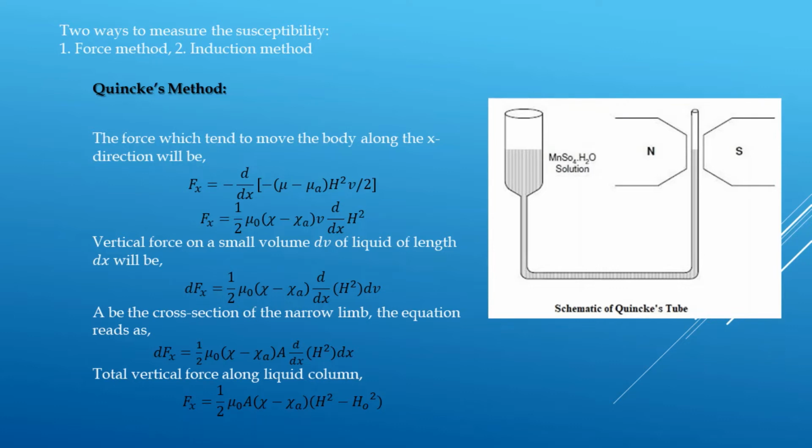Now, what I have already told, the relation of mu and chi, right? We discussed the relation of mu and chi, that is mu is equal to mu 0 into 1 plus chi, right? So in terms of chi, we can rewrite the equation as fx is equal to half mu 0 chi minus chi a into v d/dx of h square, right?